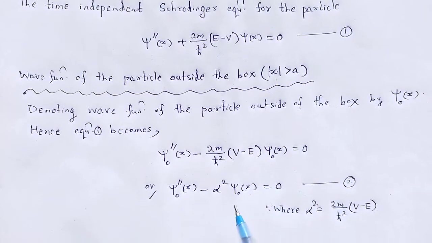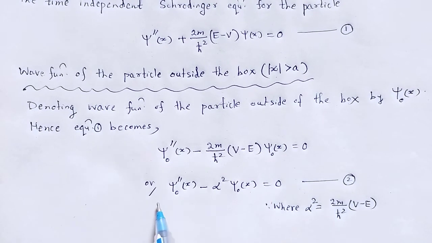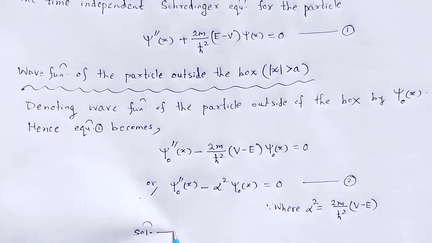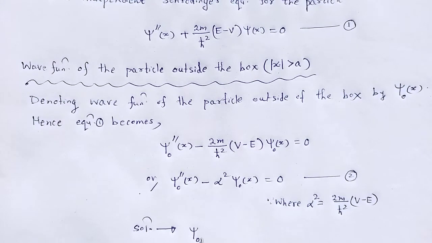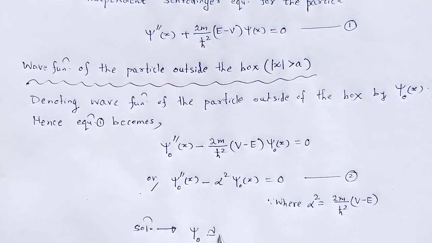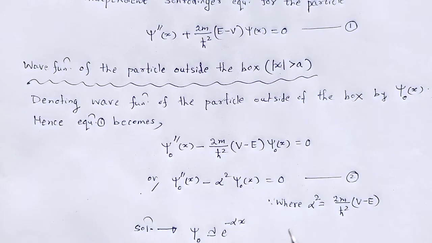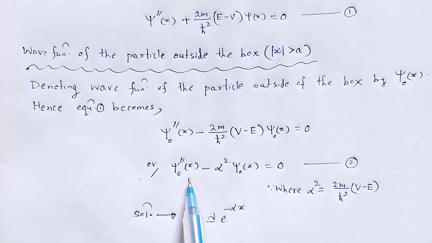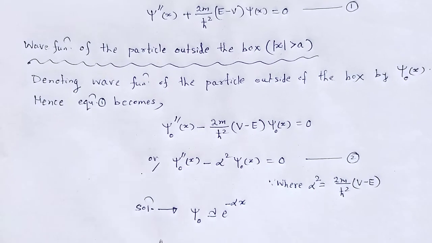Then the solution of equation 2 would be of the form psi naught is nearly equal to e to the power minus alpha x.